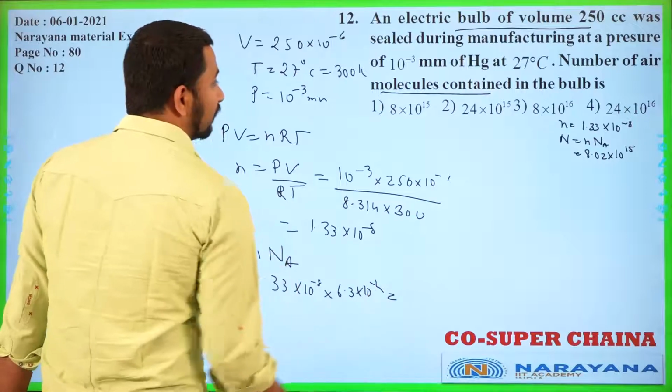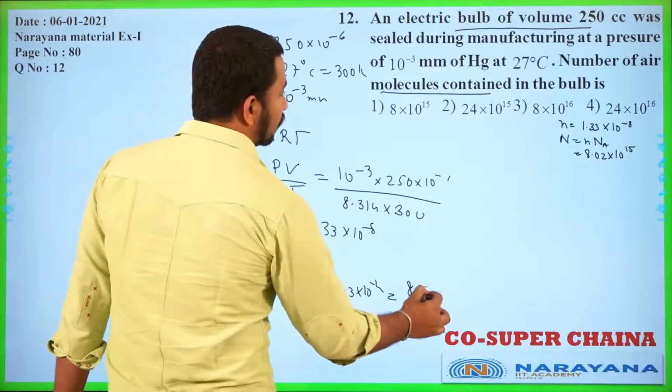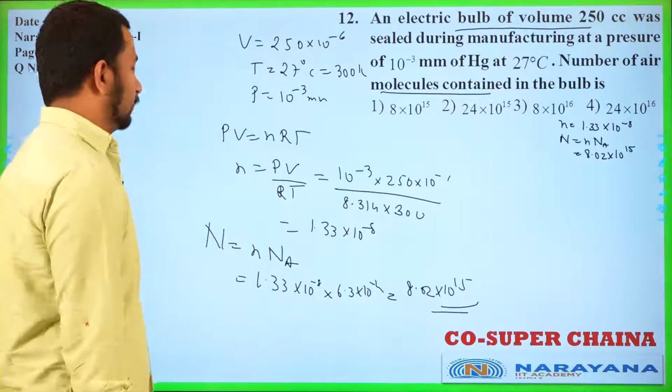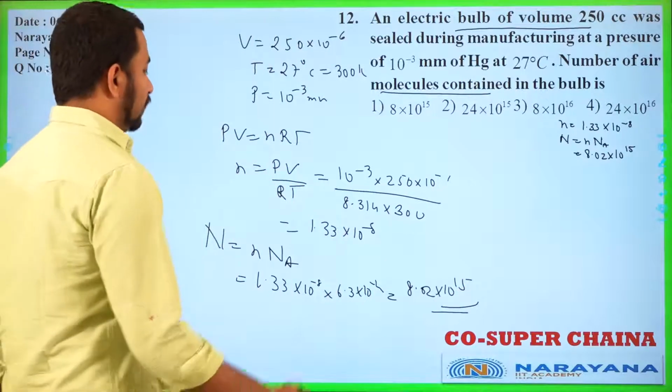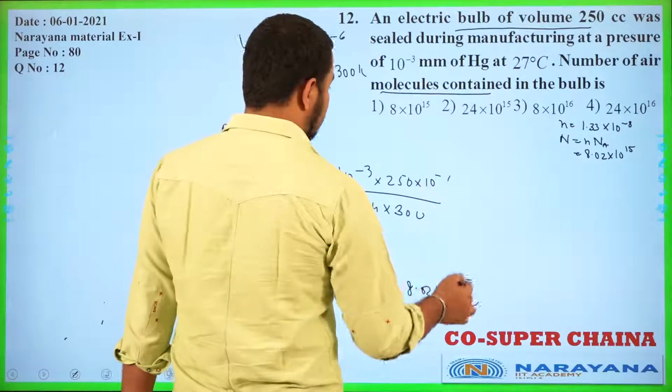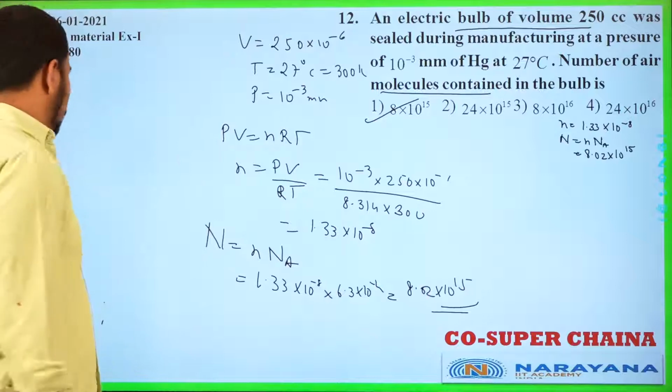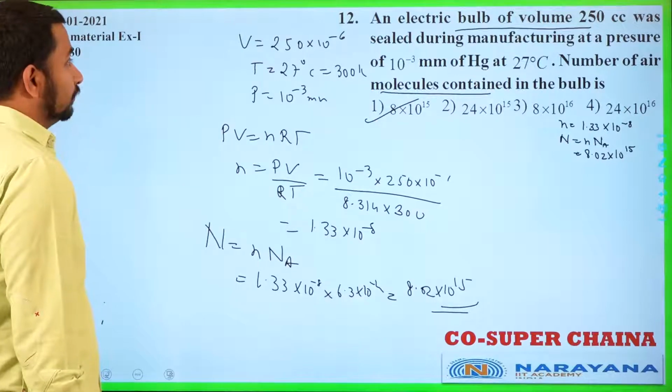Just substitute the values here, we will get 8.02 into 10 to the power minus 15, and that will be the answer of this question, right? So just be careful on the calculation part. Let's move to the next question.